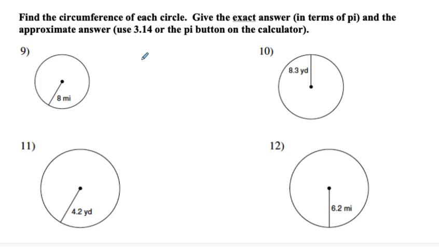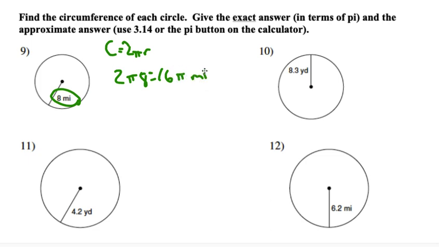Same sort of thing when we talk about circumference. So if we're looking at this, it's simply a matter of applying the formula. Circumference is equal to 2 pi r, which means in this case, once again, they're just giving you the radius, nice and easy. It's a huge circle, it's 8 miles as a radius. The circumference would be 2 times pi times 8, and that would be 16 pi miles.